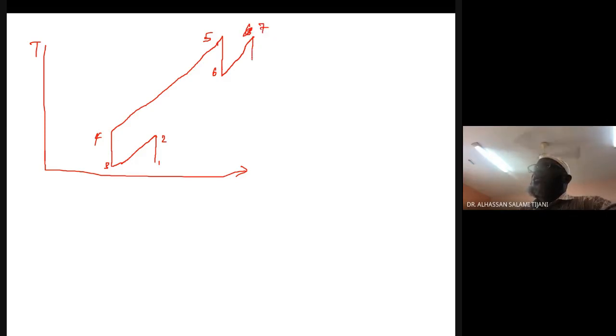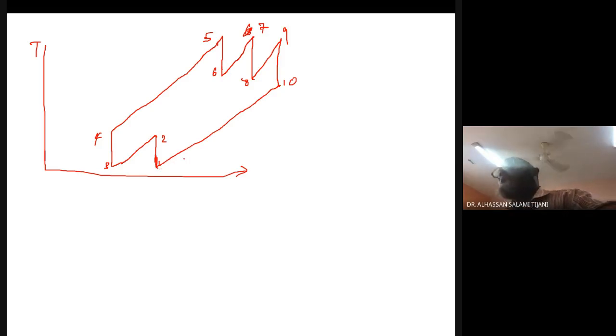Before there will be another expansion up to state 8, and then another reheating before the final expansion. So this is 9 and 10. So we have only 2 compressors and 3 turbines. So eventually, the heat is rejected to the surrounding from state 10 back to state 1, like this.